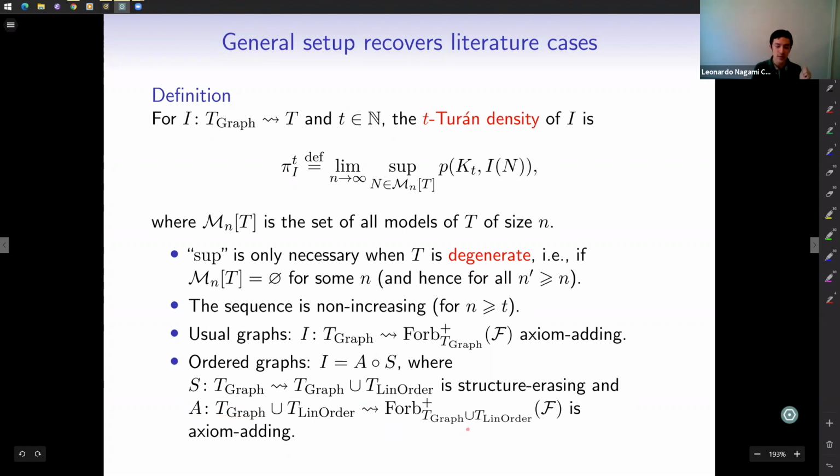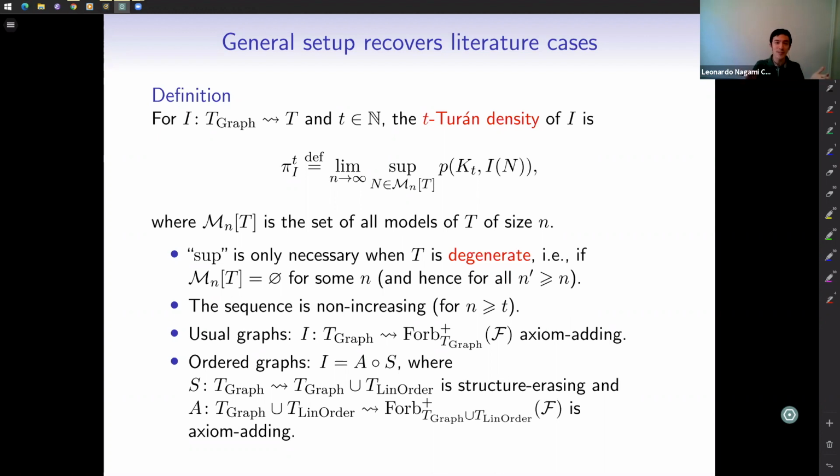Then, when I take this, what this number is computing is: you take an F-free ordered graph, you forget its order, compute the density of T-cliques, maximize over your choice of F-free ordered graphs, and take the limit as n goes to infinity. So this was capturing the problem for ordered graphs.